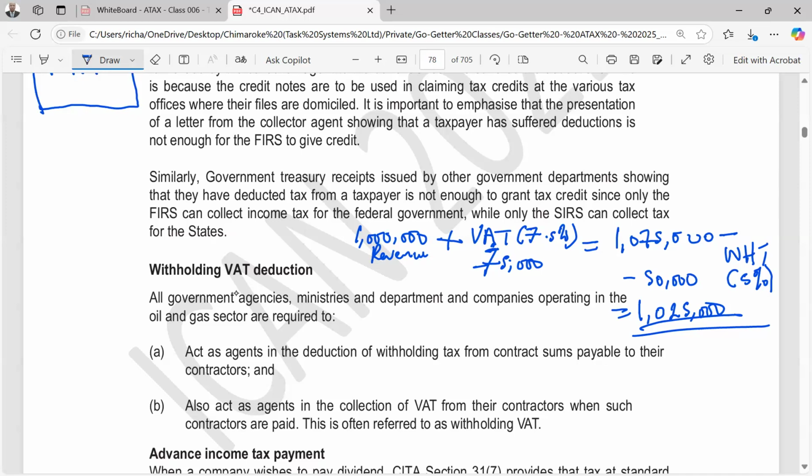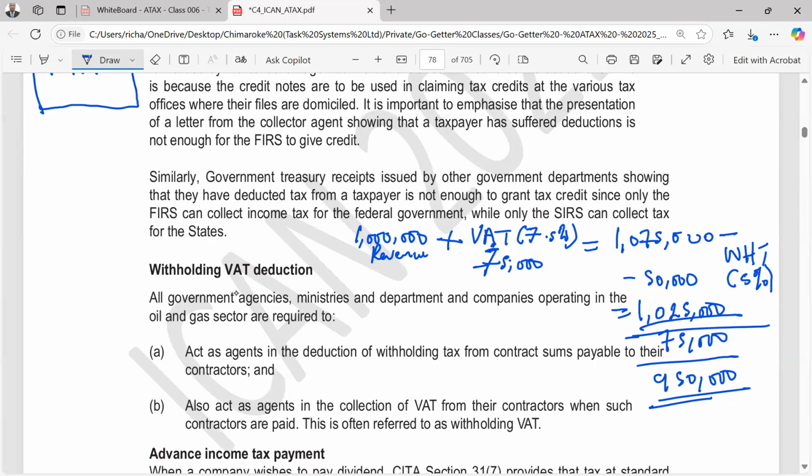Instead of giving you this 75,000, they are going to withhold it from you. So they are going to deduct 50,000. They'll come here again and deduct the 75,000. So you end up with 950,000. That is what you are getting.